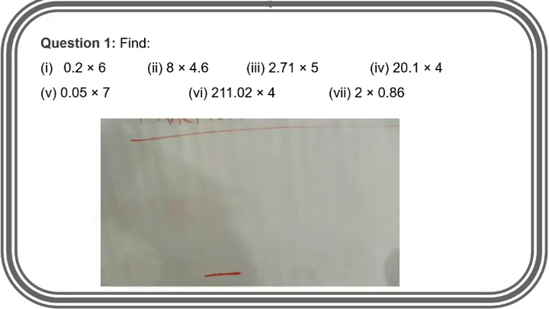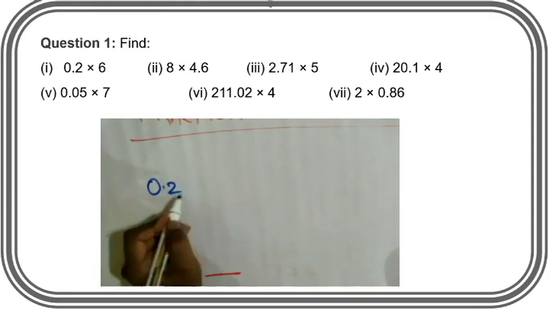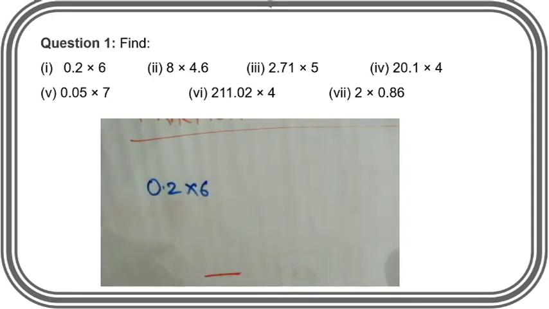Let's see question number 1, which is 0.2 multiplied by 6. This is a very simple question. First, what you need to do is multiply 2 with 6, and we know that 2 sixes are 12.